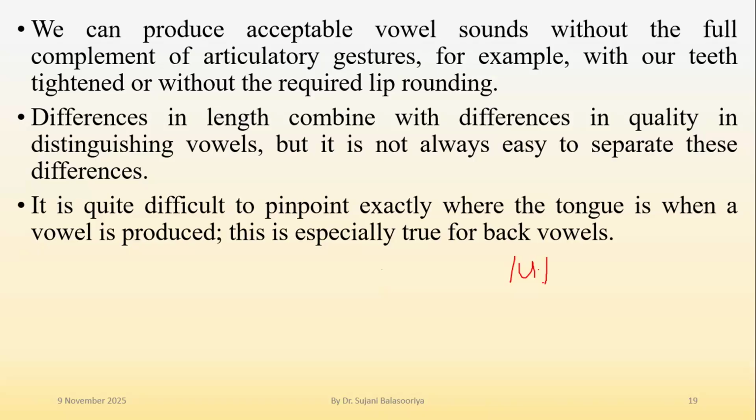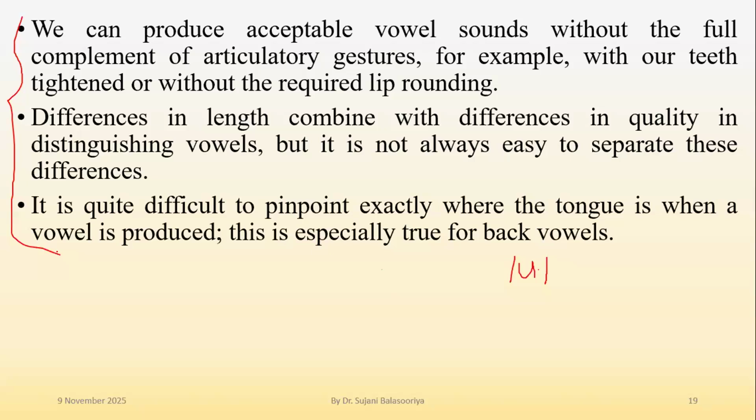Sometimes it might change from person to person also. So all these ideas are given here to tell that it is somewhat difficult to exactly identify the particular location of vowels, right? Location as well as how we produce vowel sounds compared to the consonants.